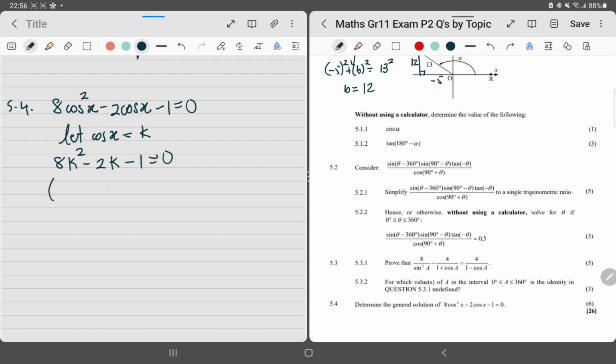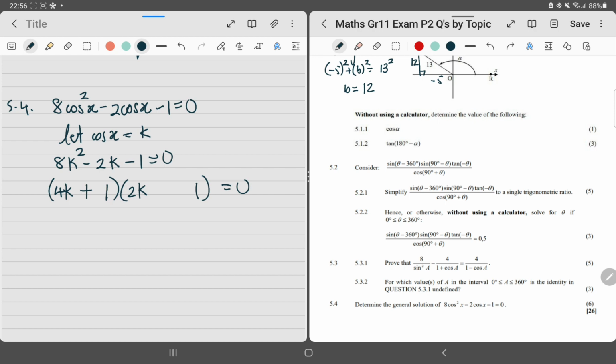So the factors should be 4k times 2k, and then that's a 1 and a 1. So the first one is negative, so that's positive.